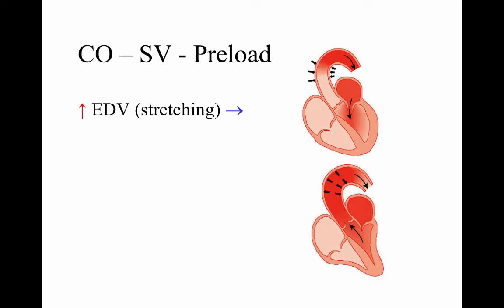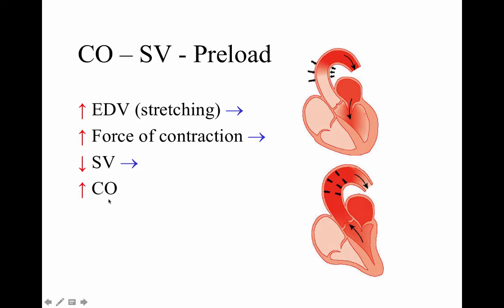In this idea of preload, then, we have our end diastolic volume, which creates stretching in a ventricle, which is going to increase the force of contraction and then decrease the end systolic volume because the volume is being pushed out, which will then increase our cardiac output. The one that may seem counterintuitive is a decrease in volume.